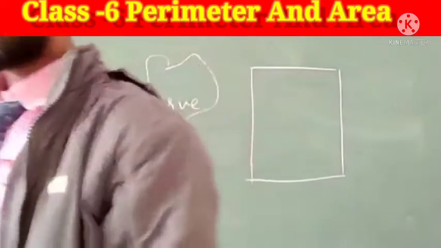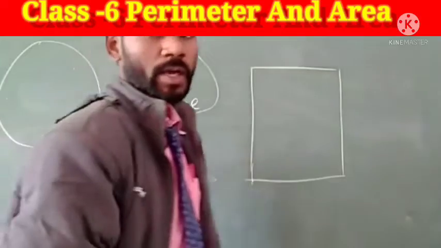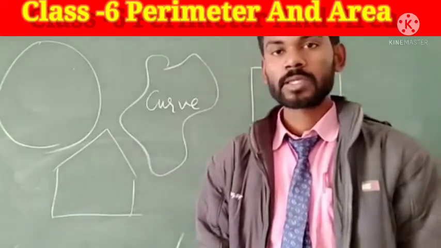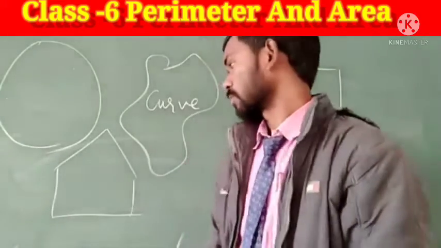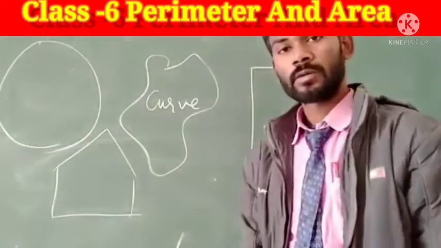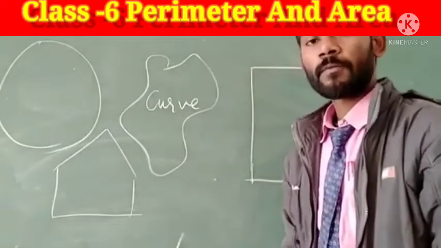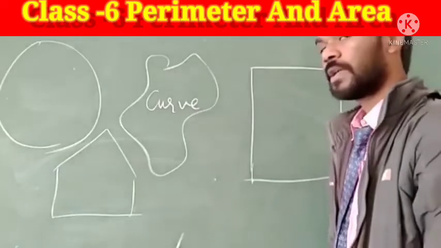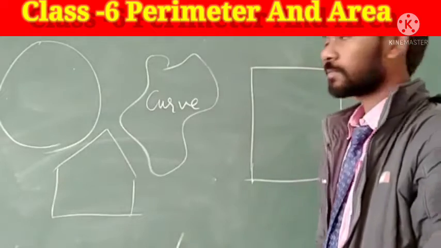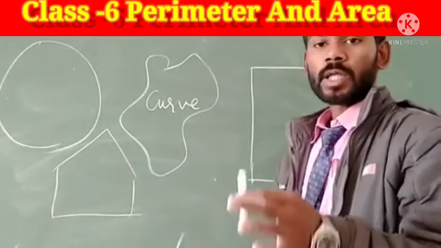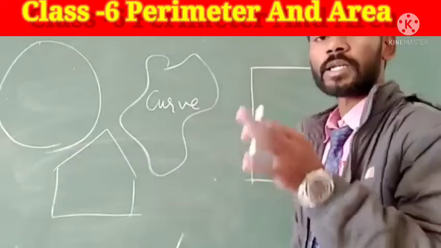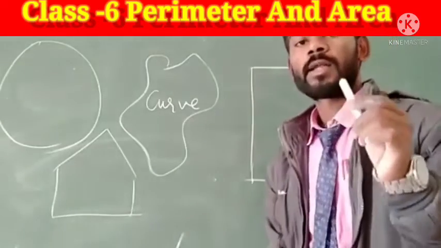As I told you, when a point is moved in any manner, the locus of the point is called a curve. So when a point is moved in a circular path, its locus forms a circle, and when it moves in indefinite order, the locus forms an irregular figure, and when it moves in a straight rectilinear path, it forms a line segment.